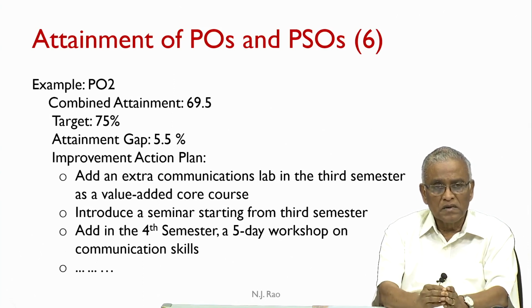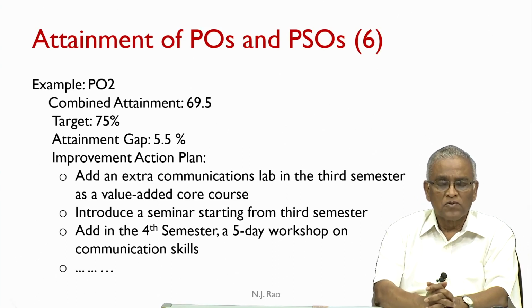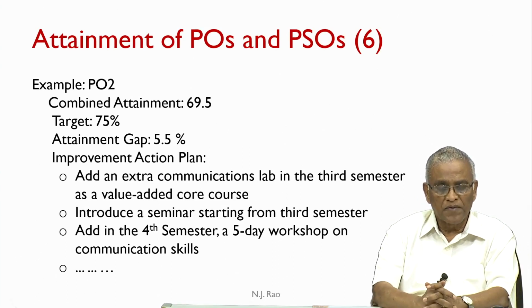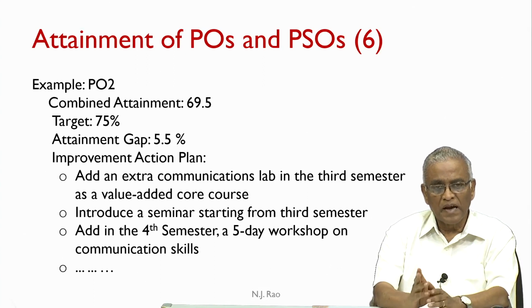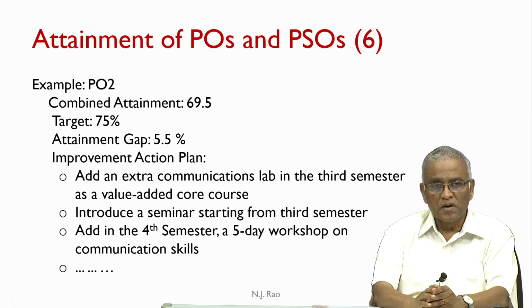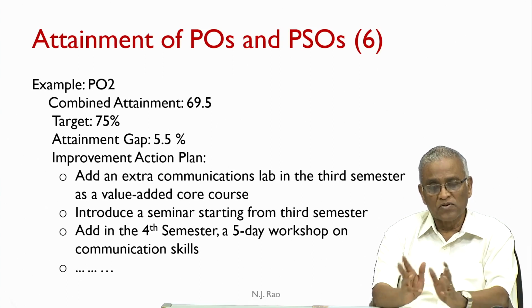Now here, instead of tabular form, we are giving a specific example. PO2 combined attainment is 69.5, target is 75%, we call it 0.75, then the attainment gap is 5.5%, and then the improvement action plan. Here you should remember PO2 is going to be addressed by a number of courses.